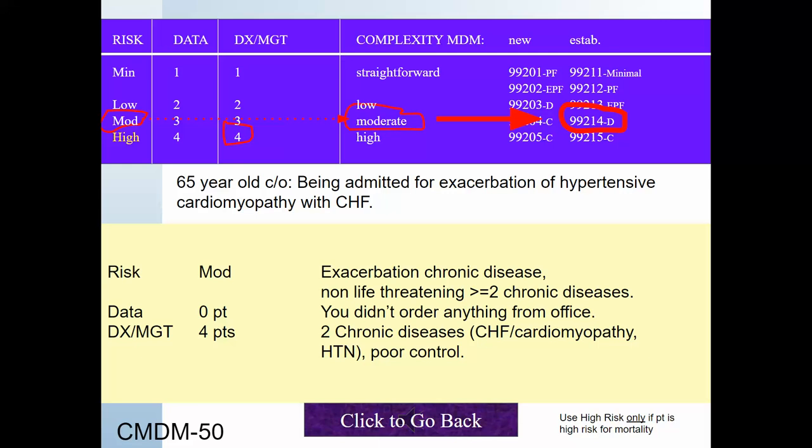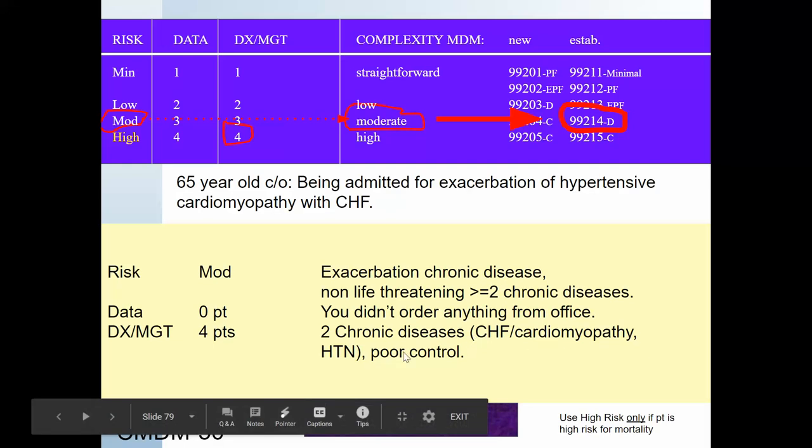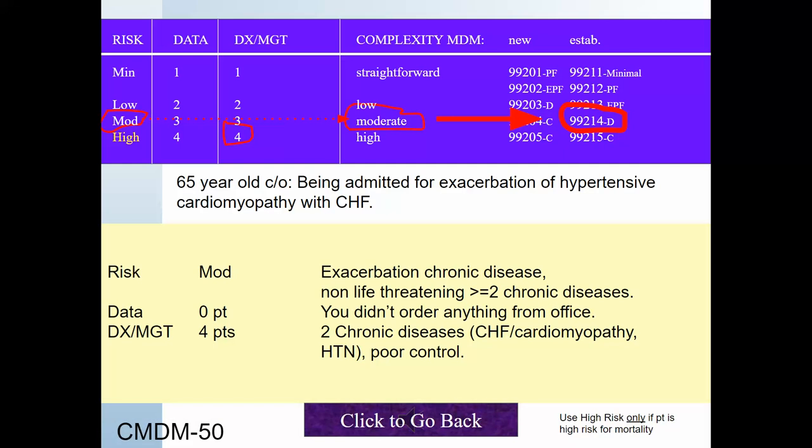Now, let's look at the diagnostic management. Again, 2 chronic diseases, CHF and cardiomyopathy, poor control. So this is not a new problem. This is not 4 points because of a new problem needing a workup. These are established problems. The hypertensive cardiomyopathy and the congestive heart failure are both poorly controlled. We can make the argument they're both poorly controlled because it's going to be in our assessment.